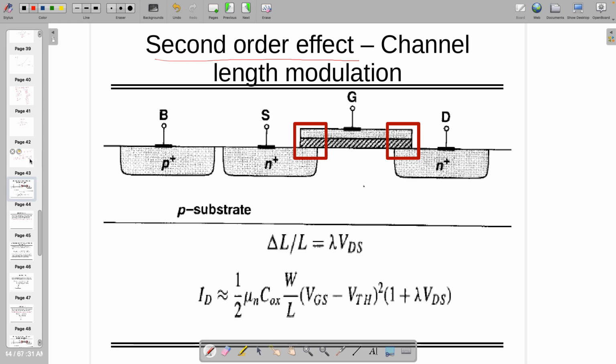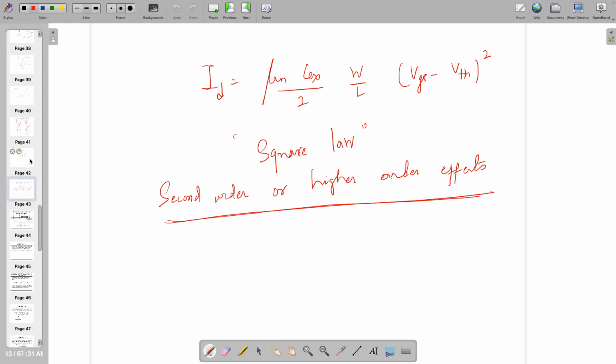But why is it second order? The second power is here. Generally, this is a very general term, true for any subject anywhere. But what is the meaning of higher order or second order effects?